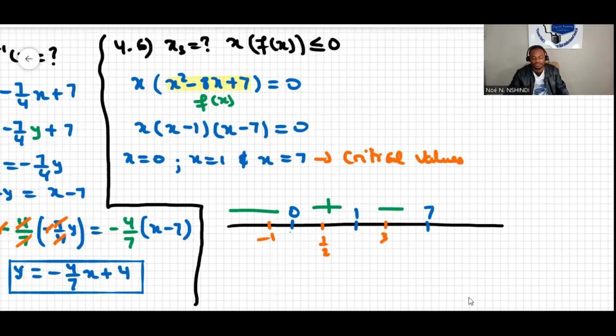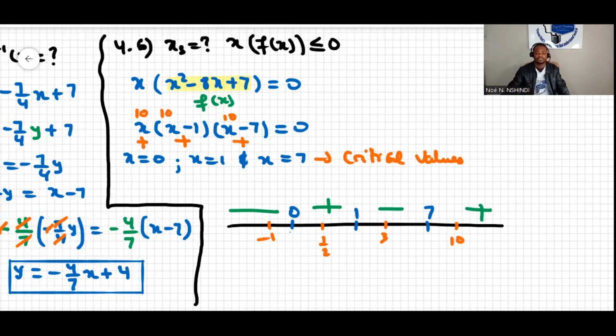Then I can also look at the next interval. If I pick another number like 10, it doesn't matter which one, I notice that 10 is positive, 10 minus 1 is positive, and 10 minus 7 is also positive. So positive times positive times positive is still positive.